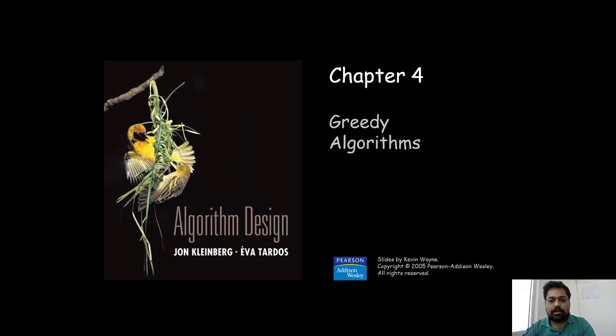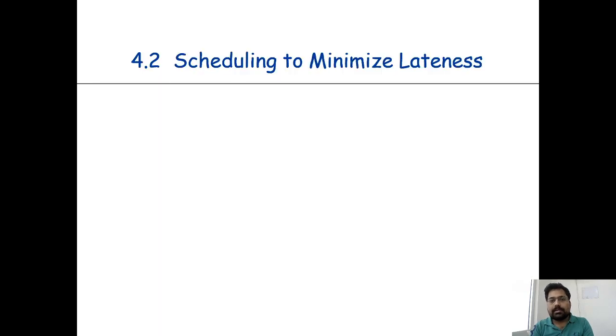Before starting the topic, I must say I have followed the Algorithm Design book written by Jon Kleinberg and Éva Tardos, and this is chapter 4. I collected the information from this book, so I have to give them credit. I must also say that those who are watching videos should kindly read the books before watching this video.